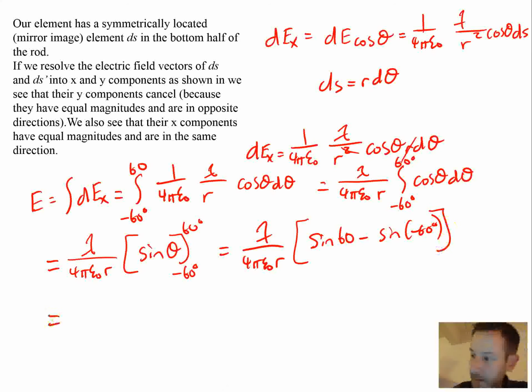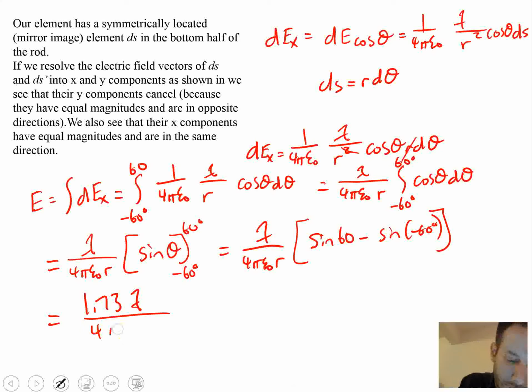Plugging everything in, we get a number, which is 1.73 times our charge density divided by 4 pi epsilon naught times r.